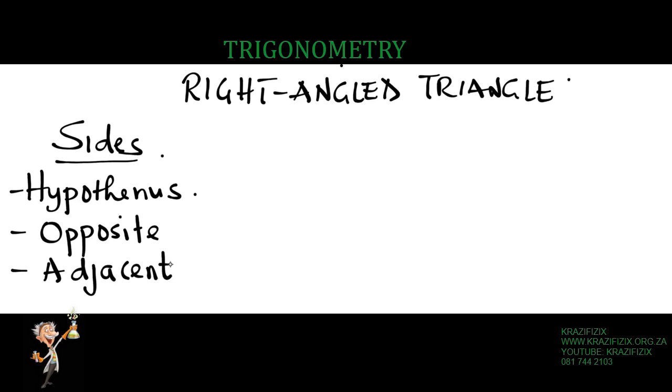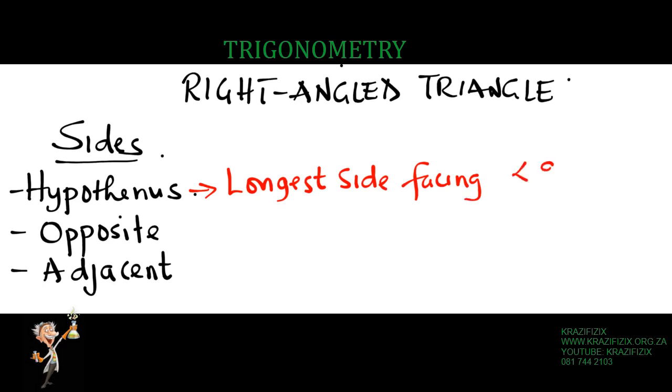The hypotenuse is the side, let's start by saying it is the longest side facing the angle 90 degrees.